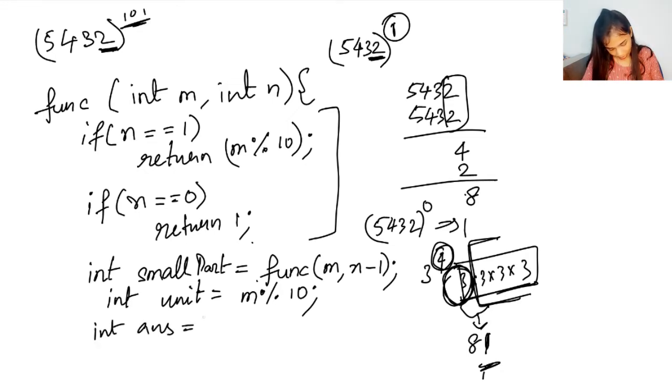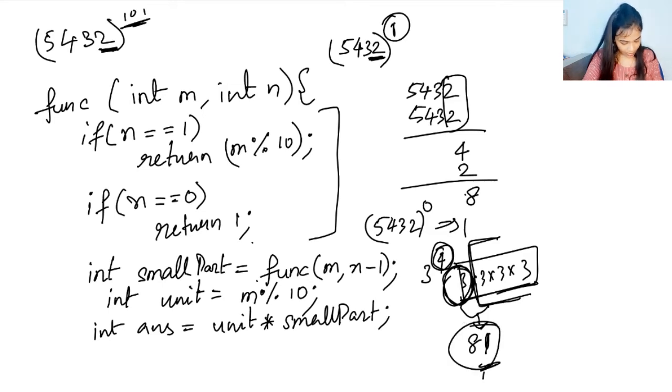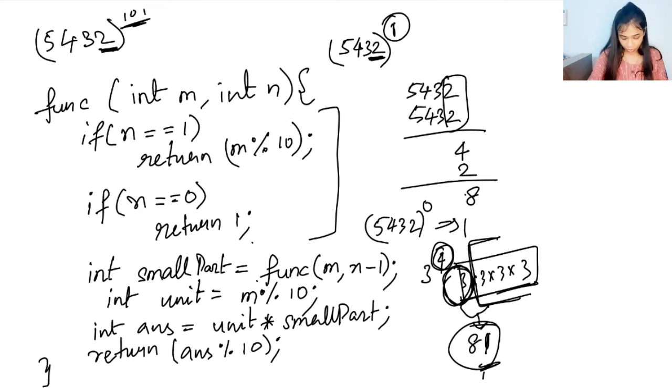Int my answer is unit into the small part. Okay, this will give me this answer, and from that I'm just going to return answer percentage 10. That is the unit digit. So this is how we're going to calculate the unit digit of m power n without actually calculating the entire value of m power n.